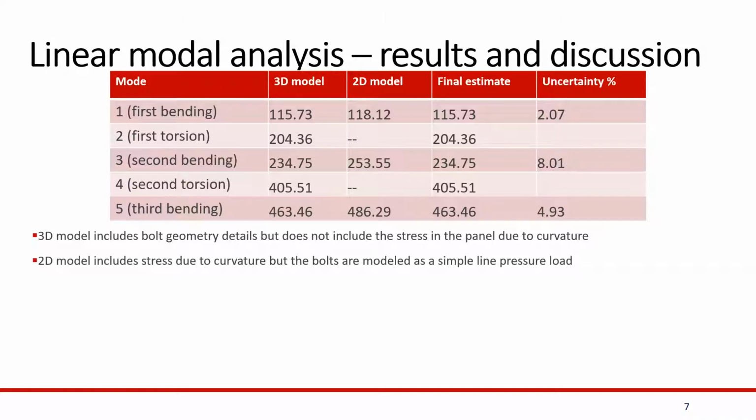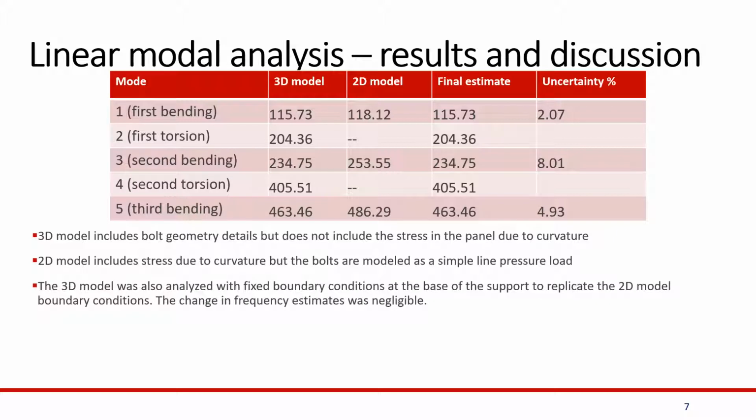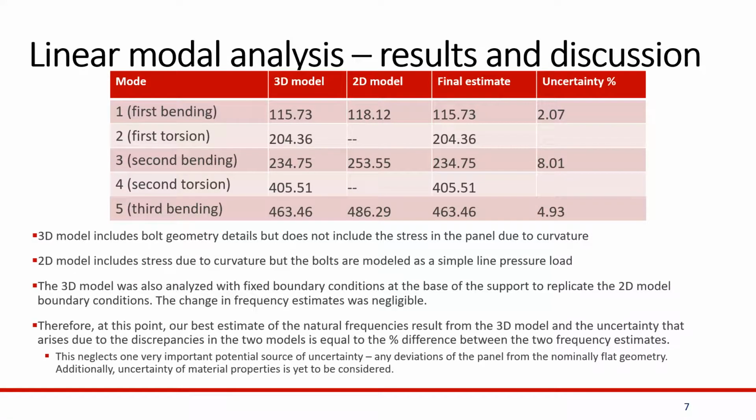The 2D model, on the other hand, includes the stress due to curvature, but the bolts are modeled as a simple line pressure load. The 3D model was also analyzed with the fixed boundary conditions at the base of the support to replicate the 2D model boundary conditions, and it was found that the change in frequency estimates was negligible. This is why we're assuming that our 2D model assumptions should hold true.